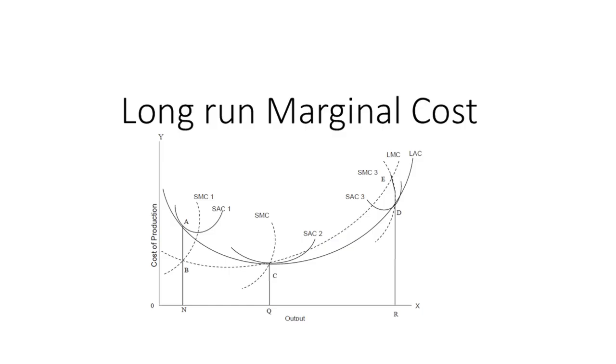For SAC3, the short run marginal cost and the short run average cost intersect at this point D. From these points OB, we can draw the tangential line which goes through point B, touches at point C, and goes up.